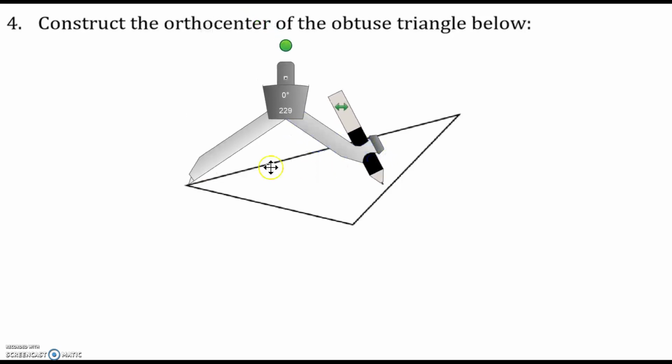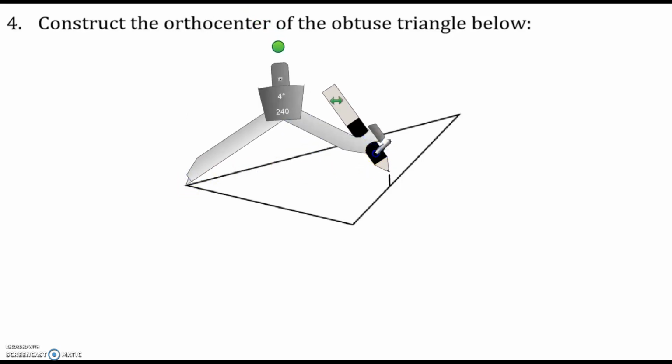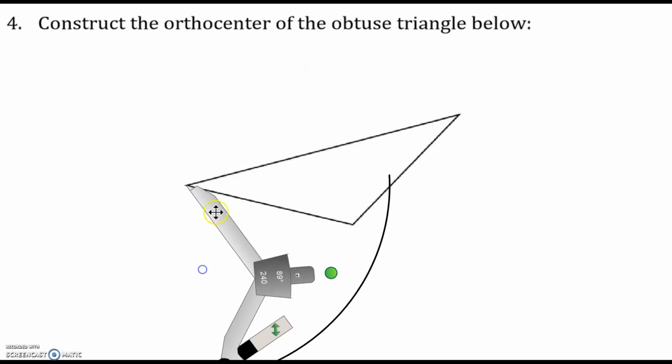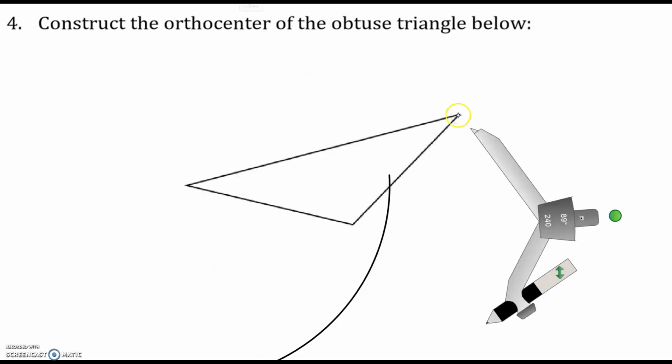So you're going to put your compass on one vertex, and you're going to open it up and create an arc that crosses the opposite side twice. If you need to extend the opposite side to actually get that intersection, feel free. I'm going to have to redo that arc.